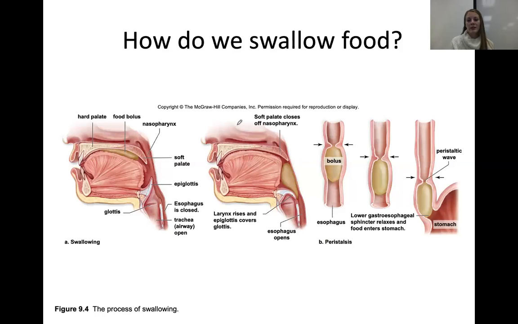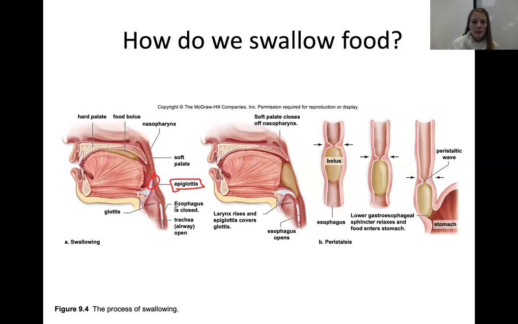Here's another visualization of how we swallow food. So you have the hard palate, the food bolus, the nasopharynx, the soft palate, and the epiglottis, that's an important part right here. That's that dam-like system, kind of like the dams on the water.